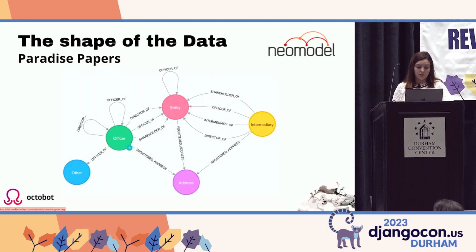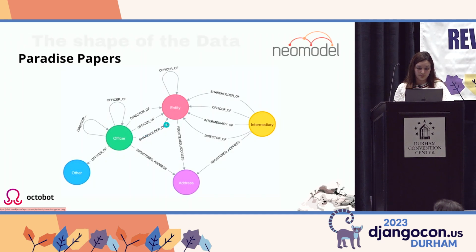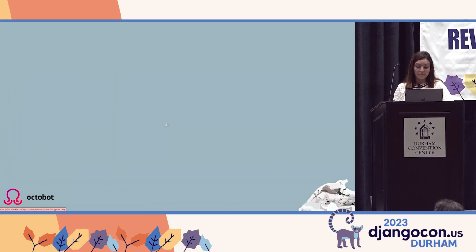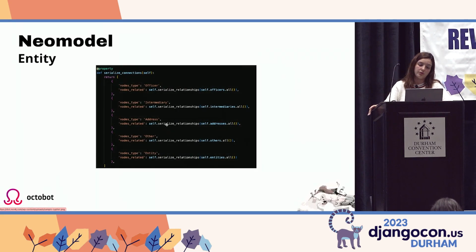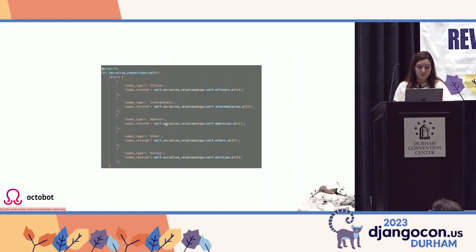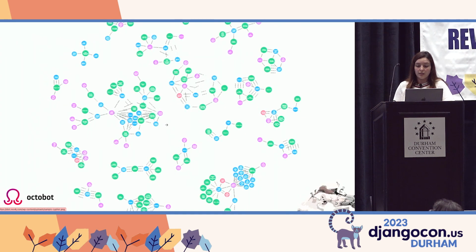So here we have the relationship from officer to entity. And of course for every model, we have to serialize the connections. And this is how we serialize the relationships. And this is how the database looks.